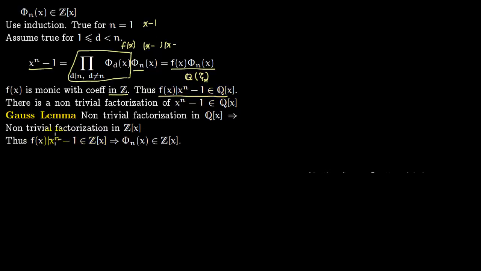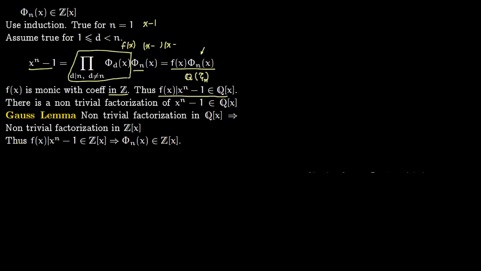So f of x divides x^n minus 1 over the integers. If f of x divides this part, the only thing remaining is this, the nth cyclotomic polynomial. This cyclotomic polynomial has coefficients in the integers, because if f of x divides this over the integers, then whatever you get here will have coefficients in the integers, and that's why phi n has coefficients in the integers.